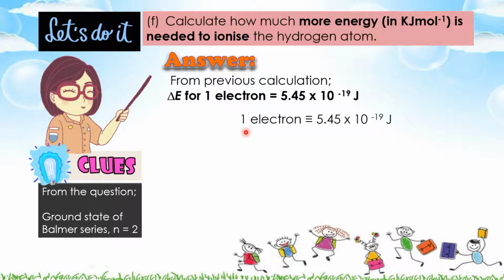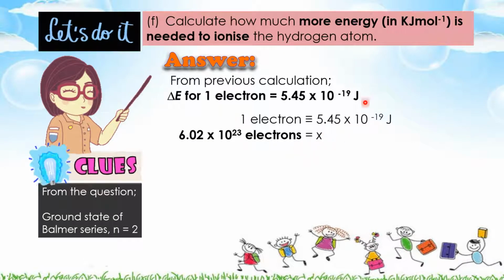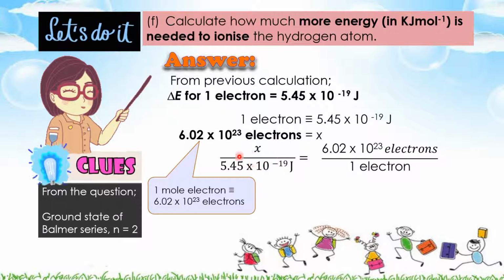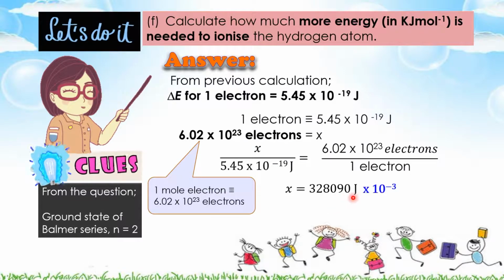So we can write: 1 electron is equivalent to 5.45 times 10 power of negative 19 joule, and 1 mole of electrons contains 6.02 times 10 power of 23 electrons. We want to find how much energy is needed for 1 mole of electrons. Substitute all the values and we will get an energy of 328,090 joule.